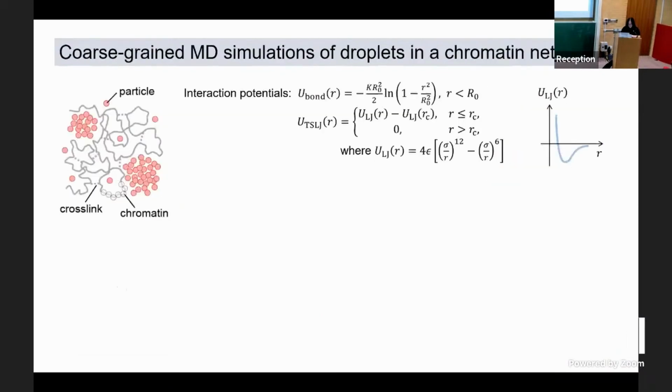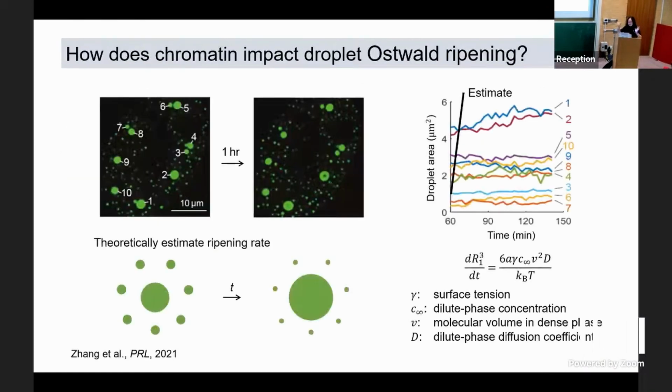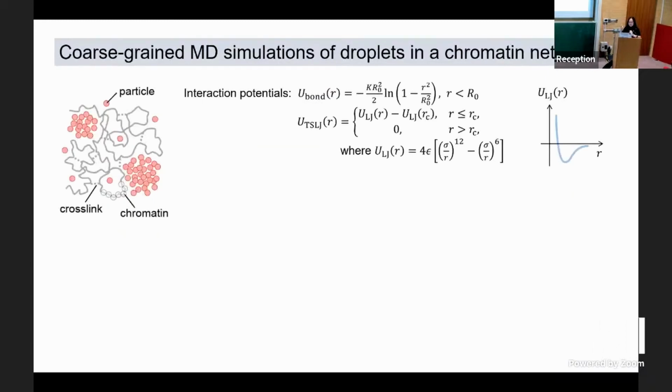So we do modeling, and I wanted to say that there are actually multiple explanations for this kind of situation. As you were already talking about, it could be that attachment and detachment is slow, or many other things. We tried to make up a model saying that it's the elasticity of the chromatin that is limiting or slowing down the Ostwald ripening of the system.